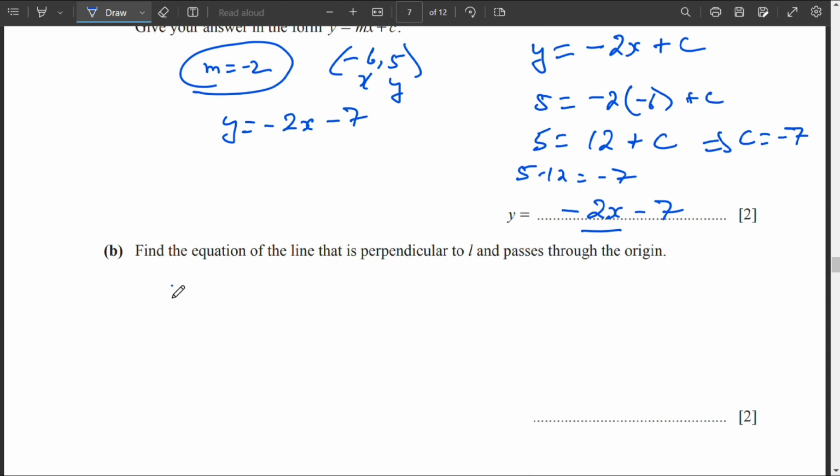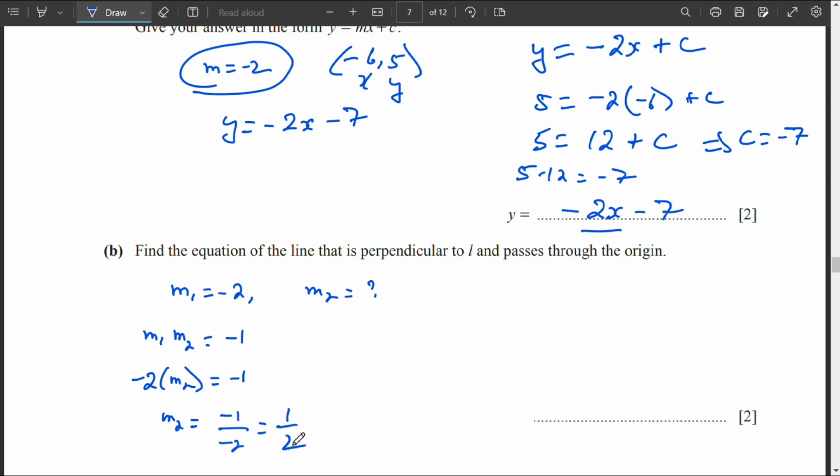So taking this as slope m1 as minus 2, we have to find m2. We know that for perpendicular lines m1 m2 equals minus 1, m1 is minus 2. So what is m2? Minus 1 by minus 2, which is 1 by 2. Hence the slope of this line is 1 by 2.